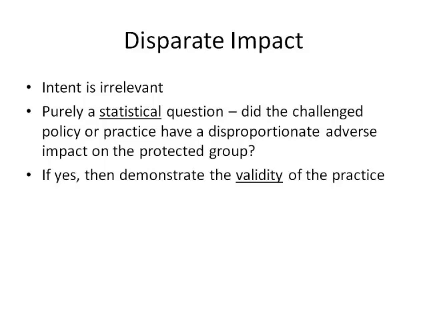If the answer to that question is yes, then the employer needs to demonstrate the validity of that practice. If there's no disproportionate adverse impact that's statistically significant, then the answer to that question is no, and that's usually the end of the story. If the statistical analysis doesn't reveal a disproportionate adverse impact on the protected group, there's really nothing else to do from a statistical point of view.